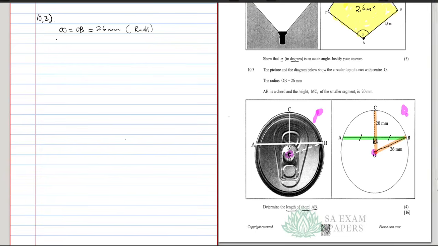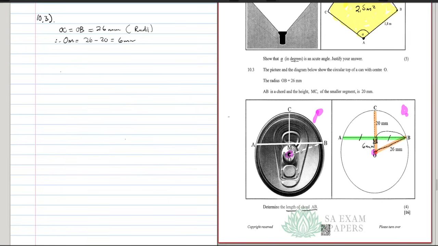Therefore OM is equal to 26 minus 20, that is 6 millimeters. Then we are looking for MB so that we can calculate AB as a whole.